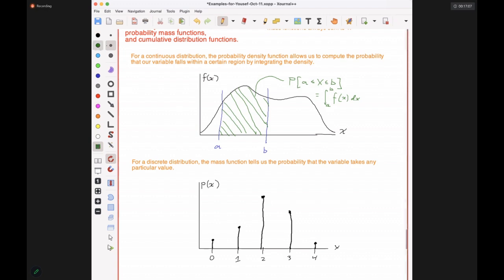And here the height of each is the probability that the variable takes that value. So height is the probability that x is equal to 2 exactly. Does this make sense?